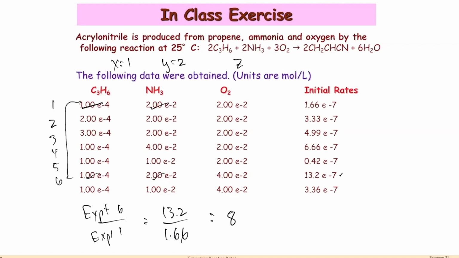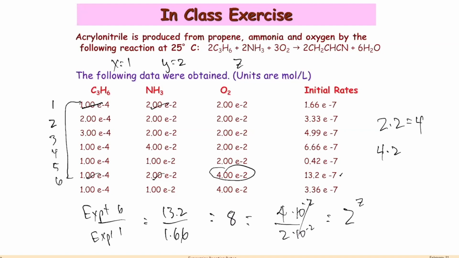And that is equal to, because I'm doing 6 over 1, 4 times 10 to the minus 2 over 2 times 10 to the minus 2. That is just 2. 2 to what power is equal to 8? So 2 times 2 equals 4. 4 times 2 equals 8. So z is equal to 3.